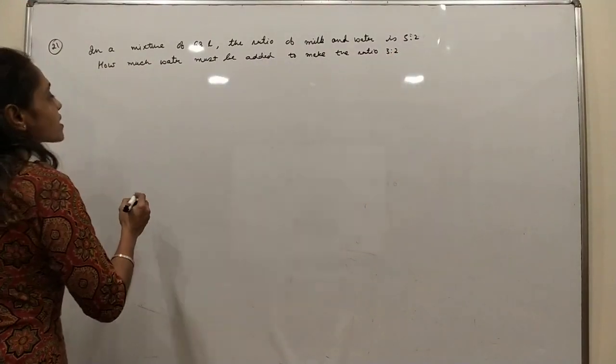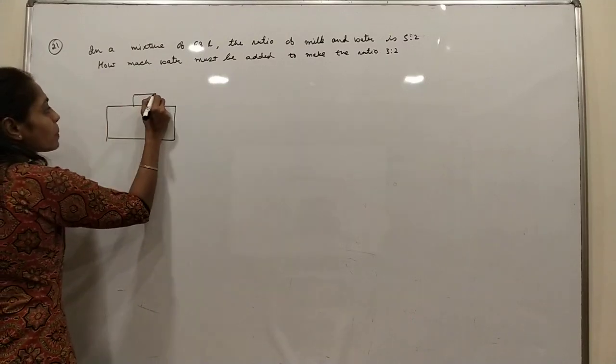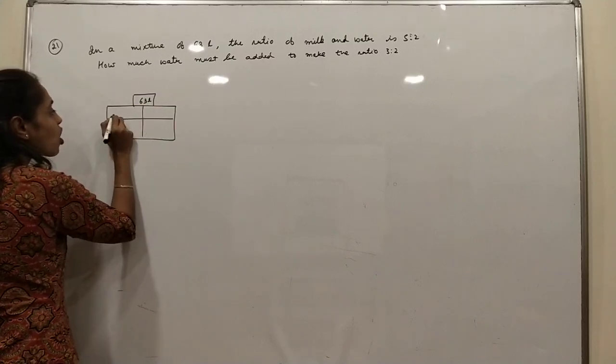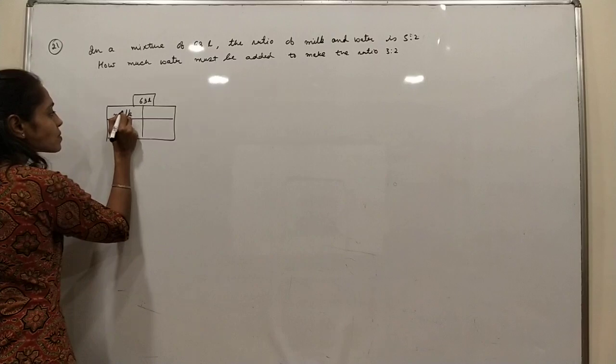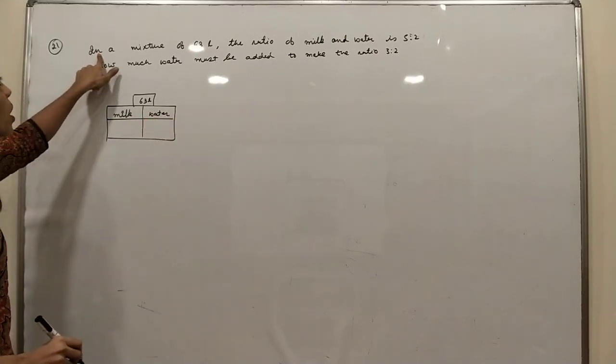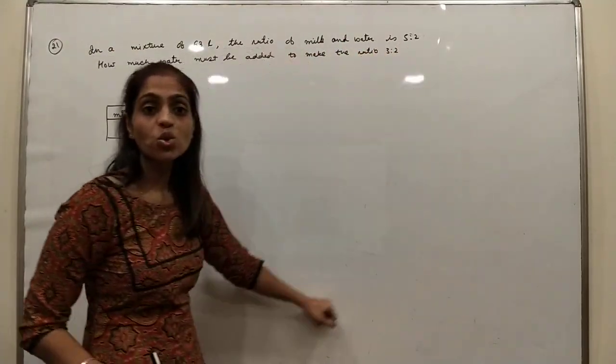A mixture of 63 liter, the first box, look at here, total mixture of 63 liter, mixture of milk and water. In a mixture of 63 liter, the ratio of milk and water is 5:2.